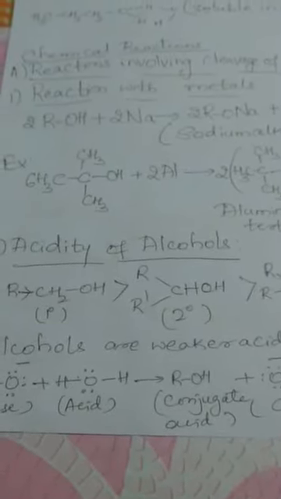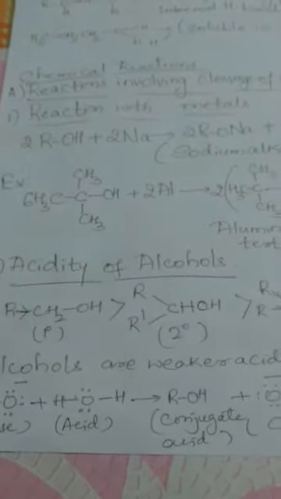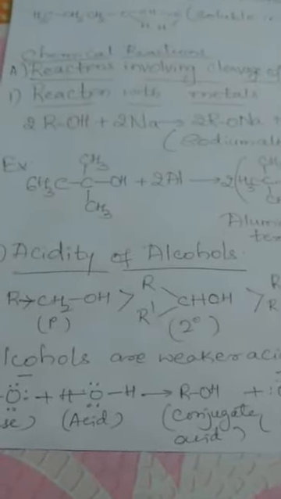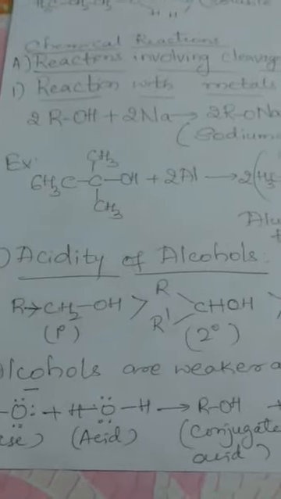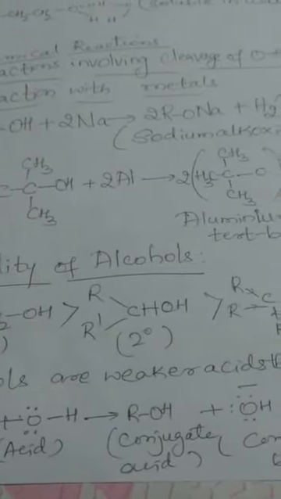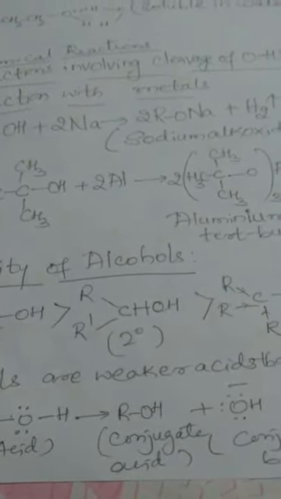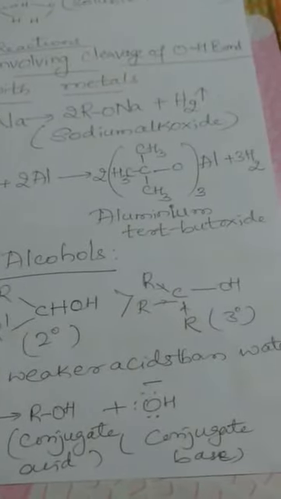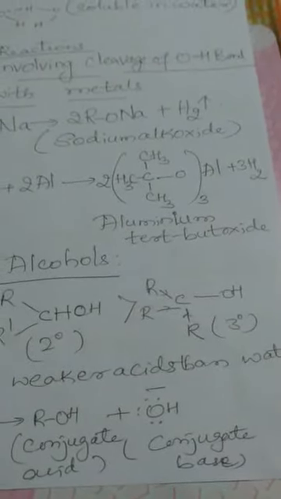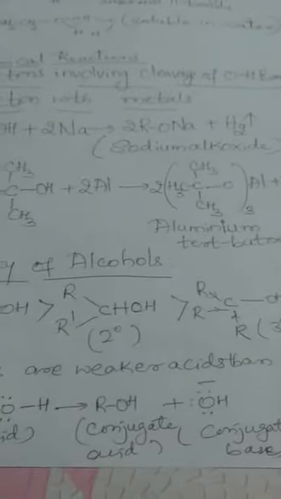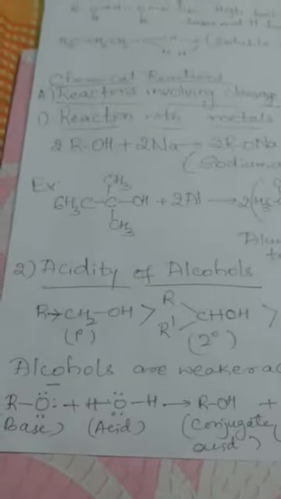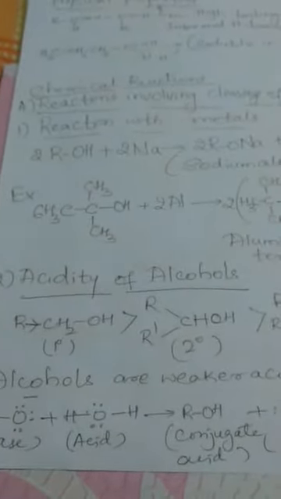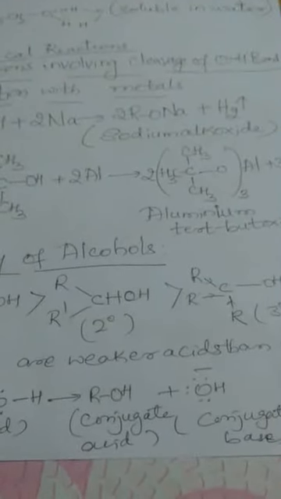So if you compare the primary, secondary and tertiary alcohols, RCH2OH is a primary alcohol, RCHR-OH is a secondary alcohol, and RCR-ROH is a tertiary alcohol. It is found that primary alcohols are more acidic than secondary alcohols, which are more acidic than tertiary alcohols.